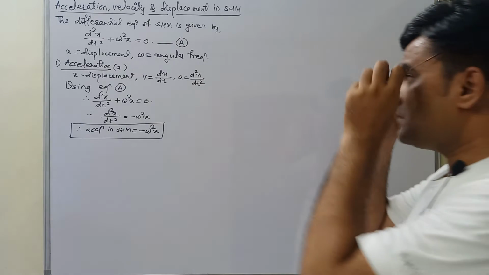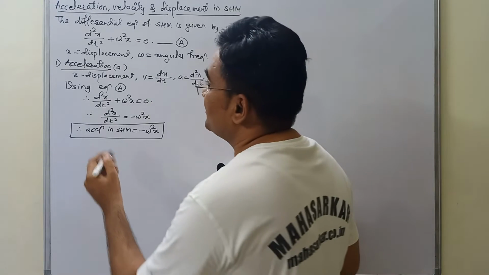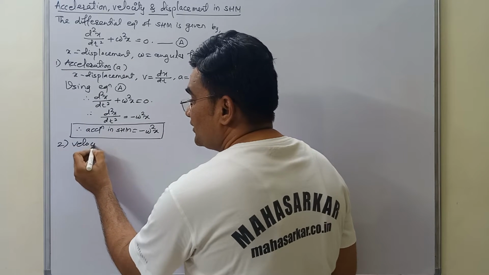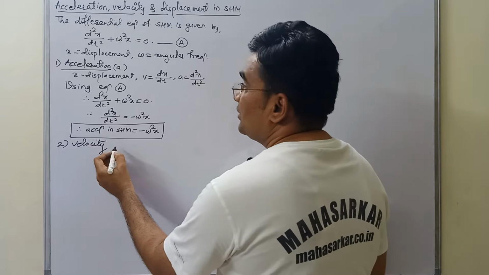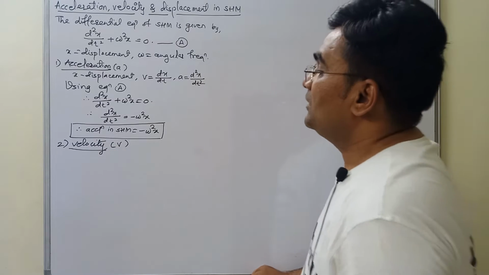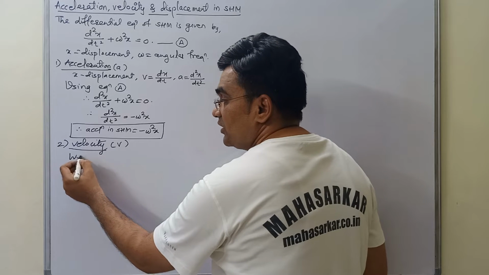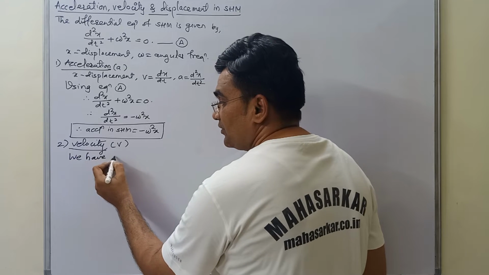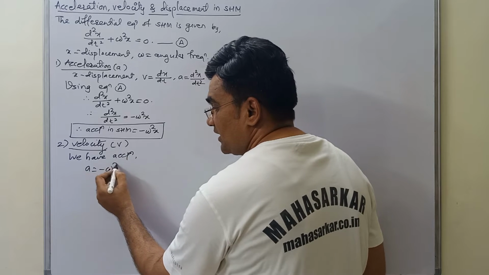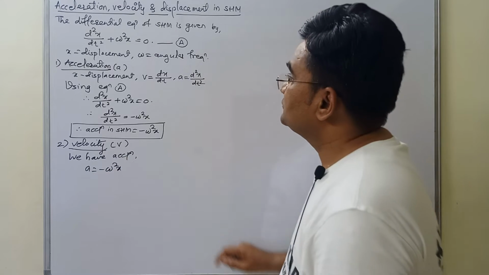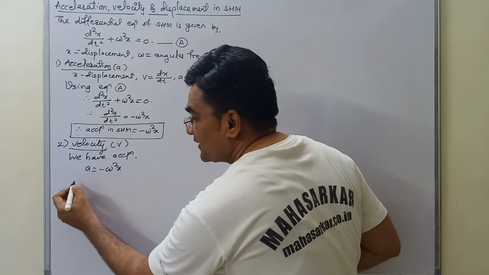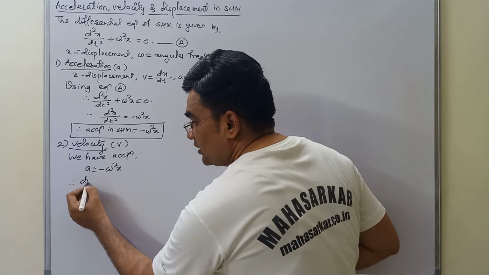Now, using the basics of acceleration, we are going to find out the velocity of a particle in simple harmonic motion. We have acceleration a equal to minus omega square x. But what is acceleration? dv upon dt.